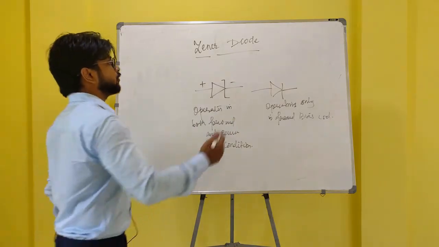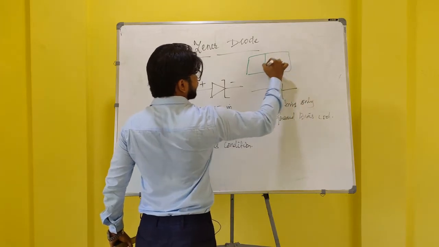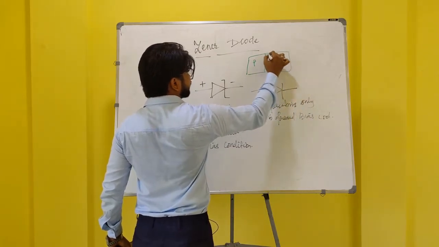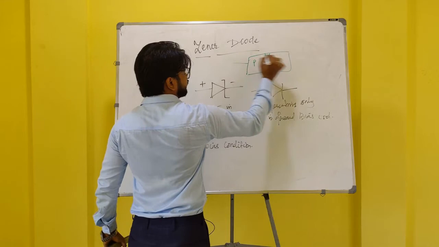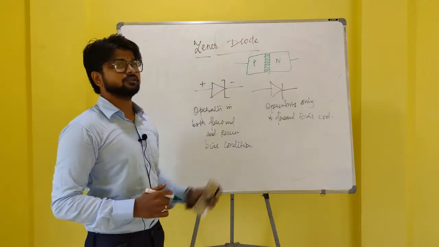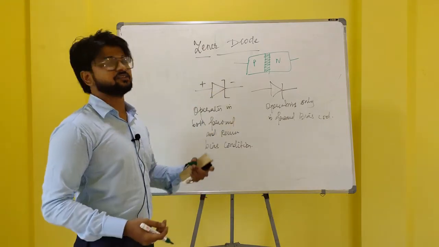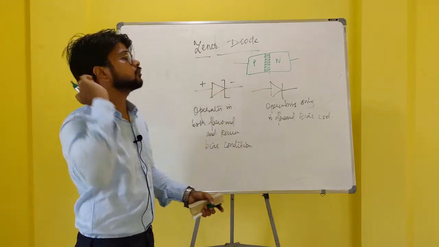Because in a Zener diode, if you examine its p-n structure, there is a depletion layer present near the junction of the P and N semiconductor. Therefore, it operates in forward direction as well as in reverse bias condition.